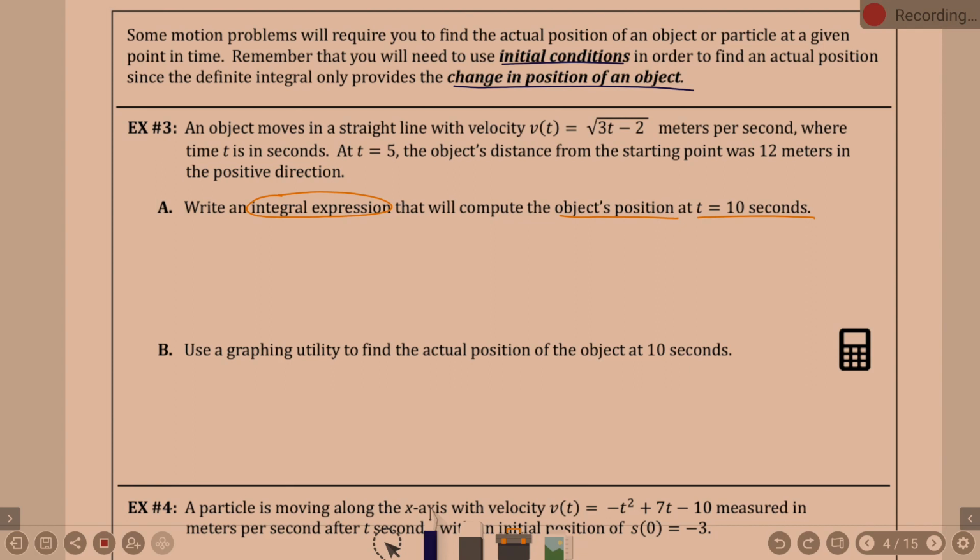Since this is velocity, in order to get our position, we're going to integrate the velocity. I could have just written that as the integral of v of t also. And what should I have on here at the end? dt.